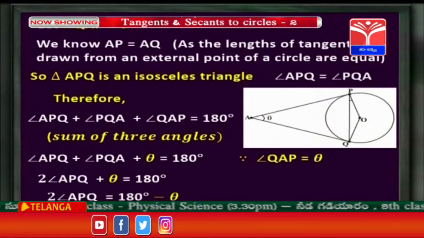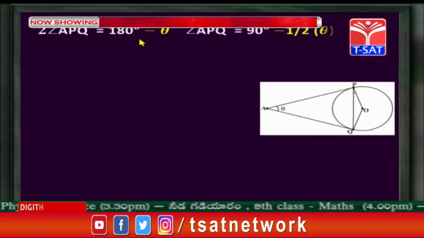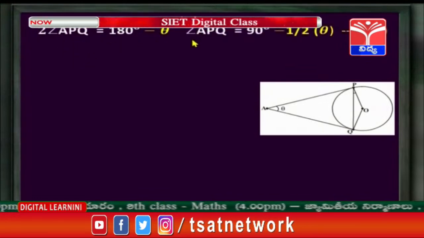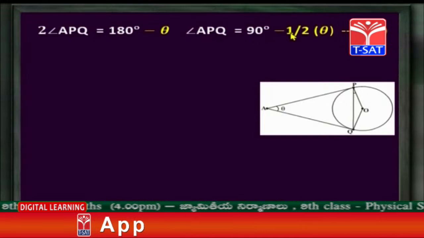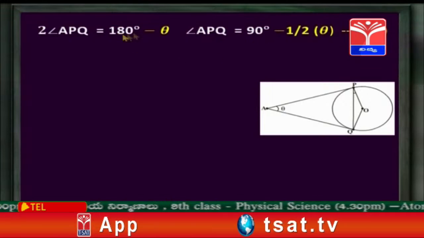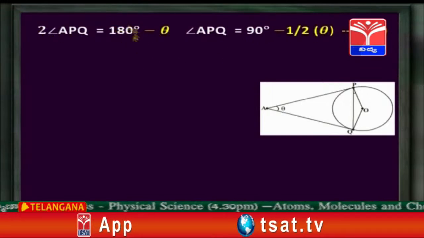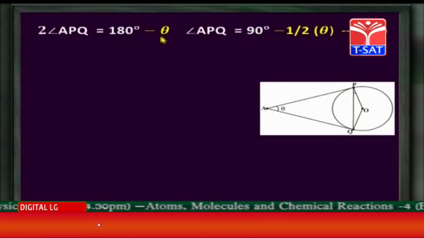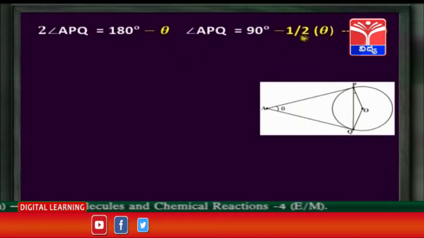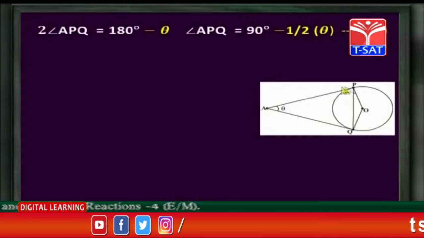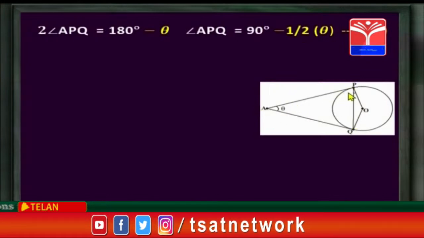So, 2 APQ is equal to 180 minus theta, that means APQ is equal to 90 minus 1 by 2 into theta. So, 180 minus theta by 2, I can write 180 by 2 is 90 degrees and theta by 2 as 1 by 2 into theta. So, APQ I got as 90 minus 1 by 2 theta.